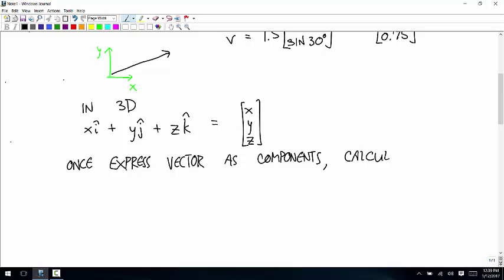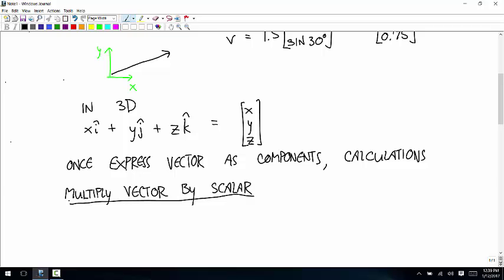So here are the calculations that we're going to use over and over again. This one is multiplying a vector by a scalar. A scalar is a number that can be positive or negative.